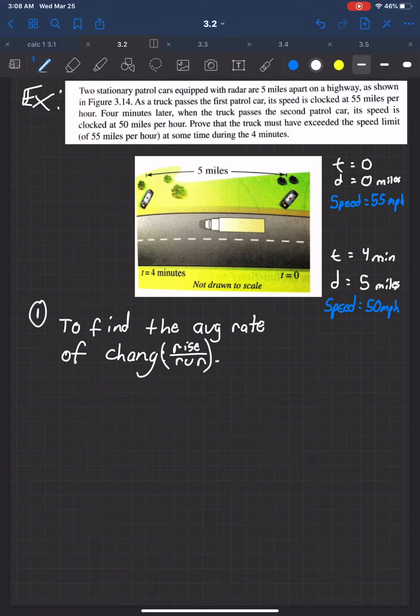Now, look, I have time given to me in minutes and speed given to me in miles per hour. So either I'm going to have to change the minutes to hours or the hours to minutes, in order to make sense of this.